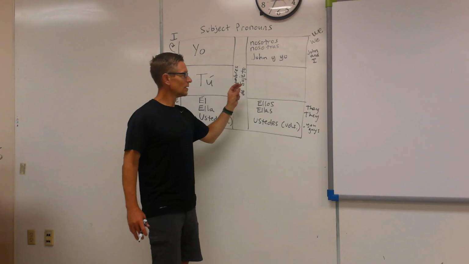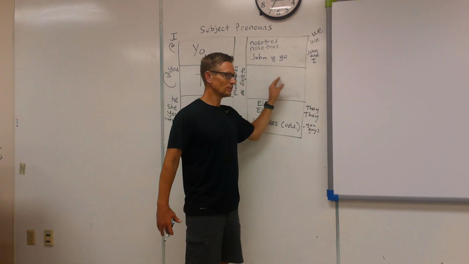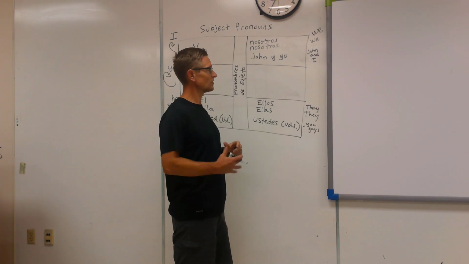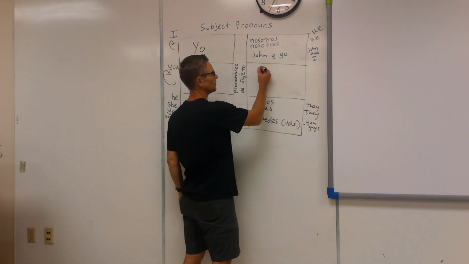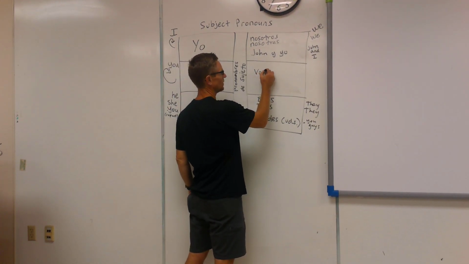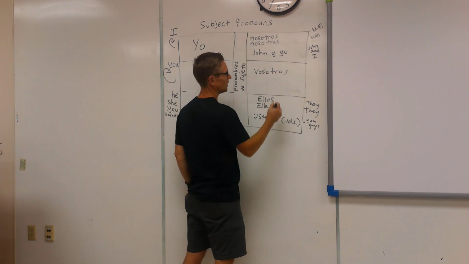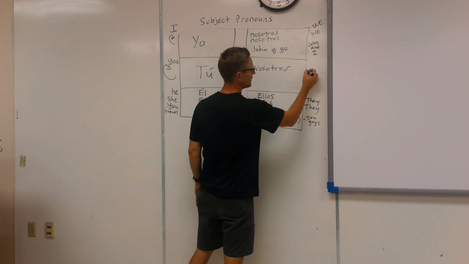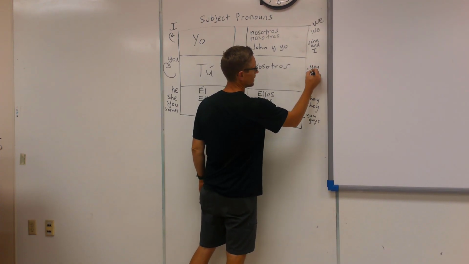Now, in maybe 1 million or so people, not even in Spain, there are some people who still use this form called the vosotros form of you, and it means you guys.